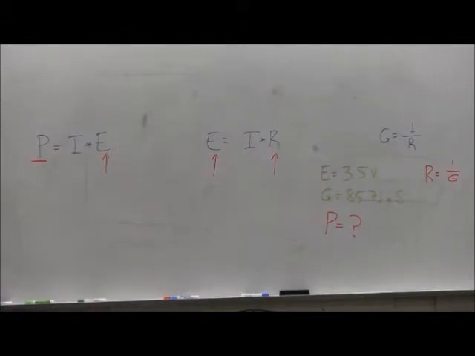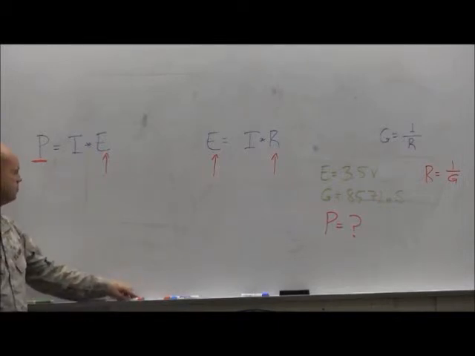What variable does that leave unaccounted? I. So that tells us, using this method, that if we identify what we're provided and identify what we're looking for, then the variable that remains is the variable that we need to solve for. In this case, we need to solve for I, for at least one of the equations, and then substitute it into the other equation. So let's solve for it here.